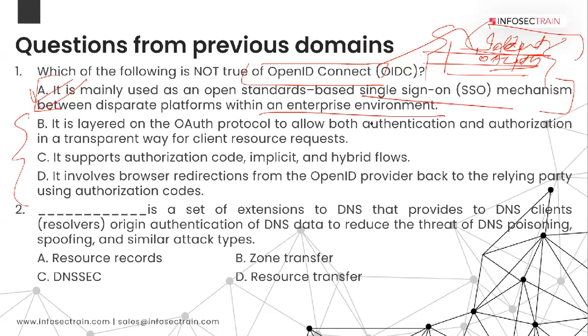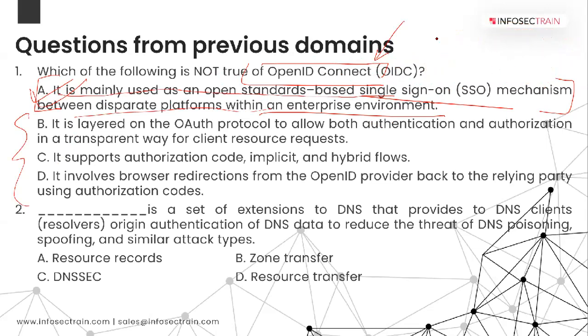We can discuss it at the end of the session. It is not a stack of standards. It is basically an identity provider for OAuth. Whenever we implement SSO based on open standards, we use both OpenID Connect as well as OAuth in order to achieve SSO. So it is not an SSO by itself, which is why this statement is not true for OpenID Connect.